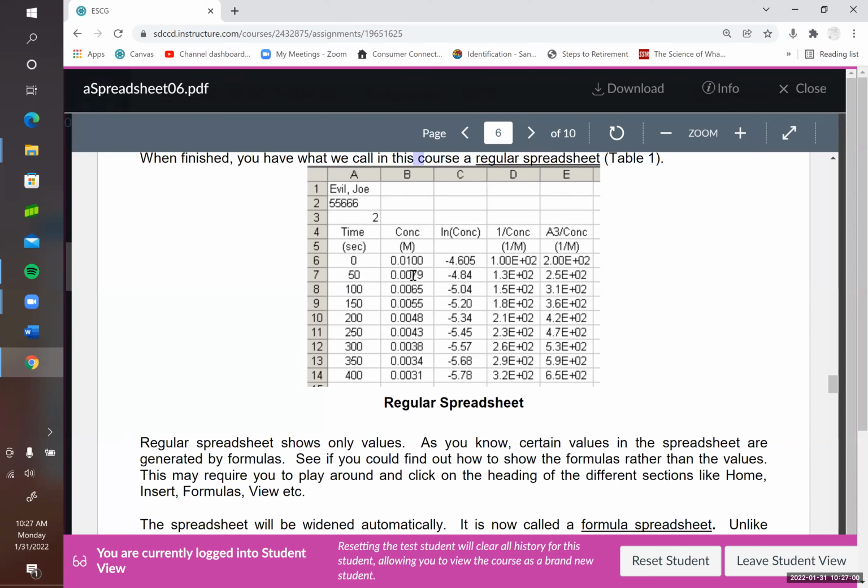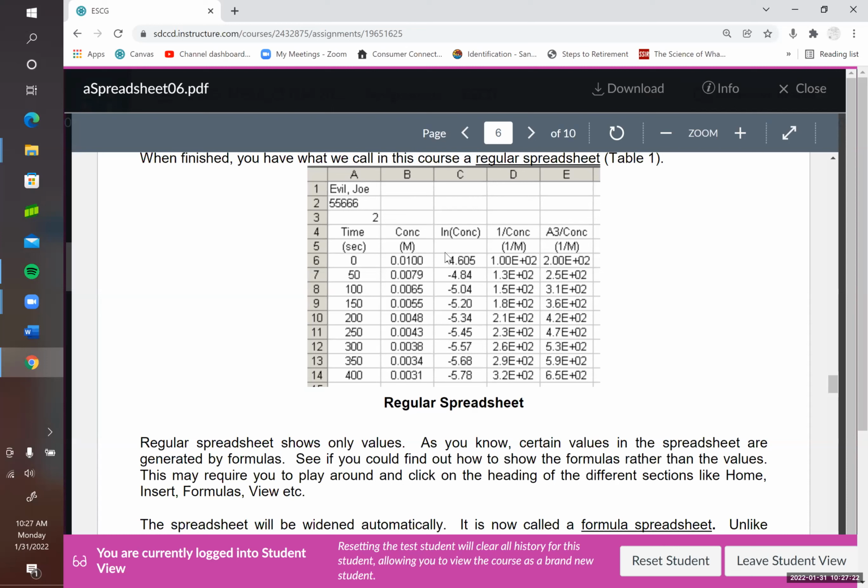The second number only has 2 significant figures, so my answer over here can only have 2 significant figures: 1.3 times 10 to the second. That's what this E+02 means. That's Excel lingo.